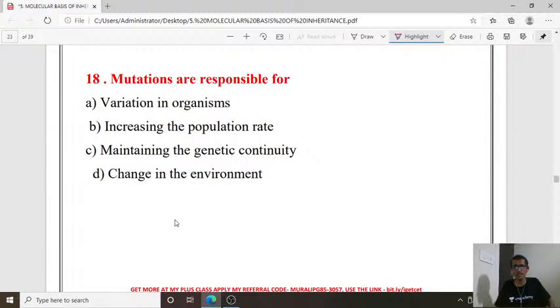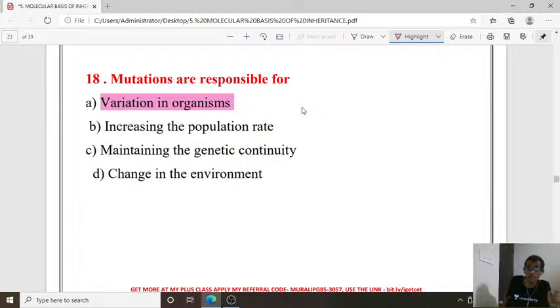Then, mutations are responsible for what? Variation in organism, increase in the population rate, maintaining the genetic continuity, and change in the environment. So it is the variation in organism. We can observe variations, and variations give rise to the origin of new species, isn't it?